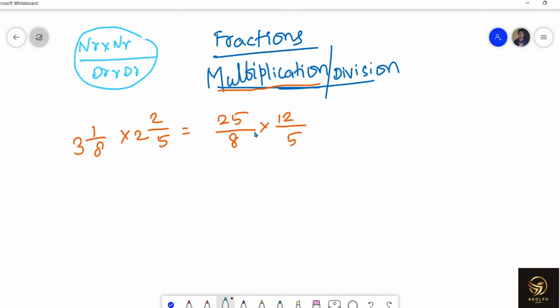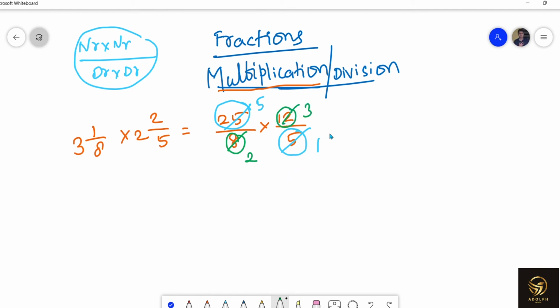So here itself, when you're simplifying, keep in mind that a numerator can be simplified with another fraction's denominator. So numerator and denominator only can be simplified. So here 1 5 is 5 and here 5 5s are 25. They both have common factors, so I have simplified it. Even 8 and 12 have a common factor, that is 4. So 8 is simplified to 2 4s are 8, and 12 is 3 4s are 12.